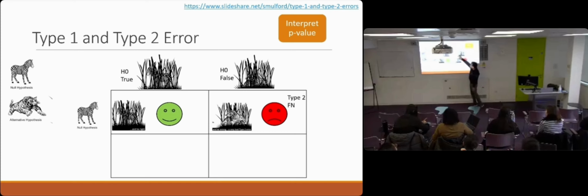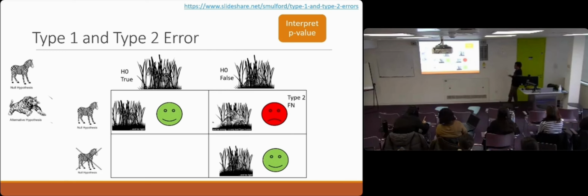So no, sorry, it was H2 is false. So the null hypothesis is not true, which means the alternative is true, and I actually accepted the null hypothesis. So it's a type 2 error. Am I confusing the terms here already? Is it making sense? Okay.